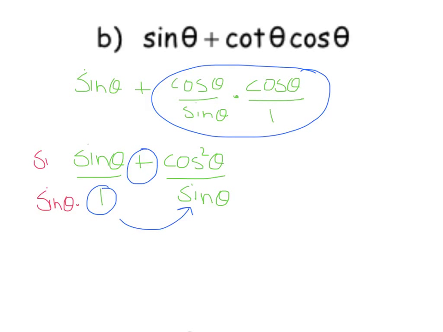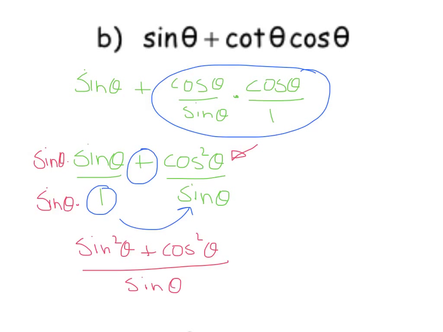Top and bottom. Okay. Do I need to multiply this fraction by anything? No, because it already has sine of theta. So what do I get? I get sine squared of theta plus cosine squared of theta divided by the common denominator of sine of theta.